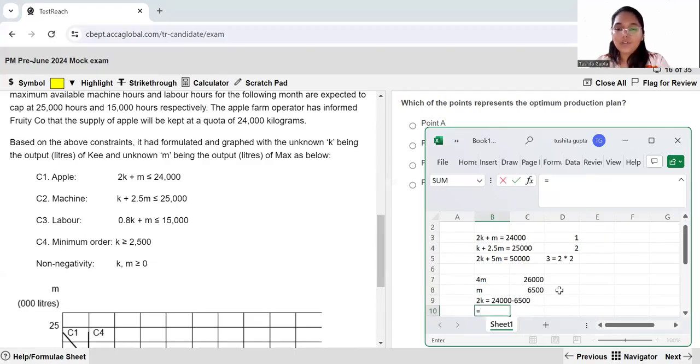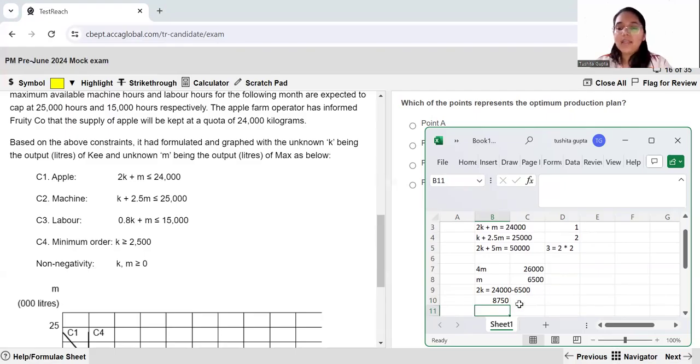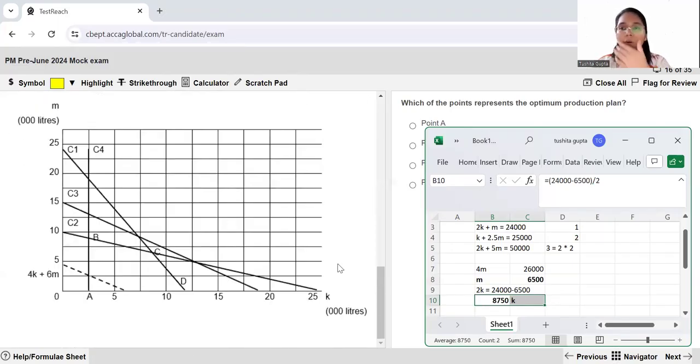So my K is going to be equal to (24,000 minus 6,500) divided by 2. This gives me the output of K that I'm going to be producing. This is my M and this is my K. Now let us see where it lies on your graph.